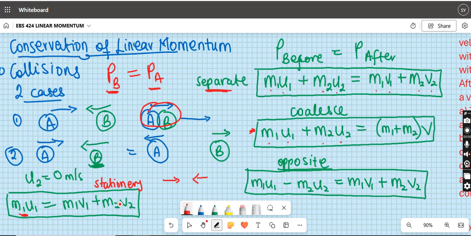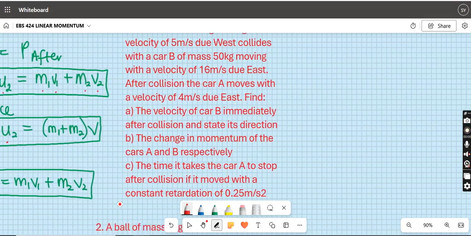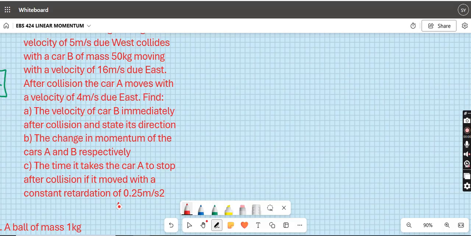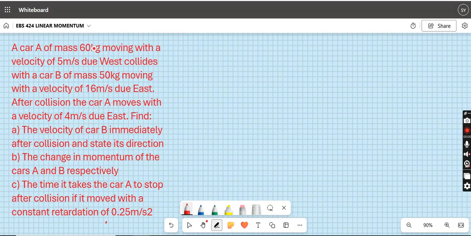So, let's take a couple of examples. Alright, example 1. A car A of mass 60 kilograms moving with a velocity of 5 meters per second due west collides with a car B of mass 50 kilograms moving with a velocity of 16 meters per second due east.